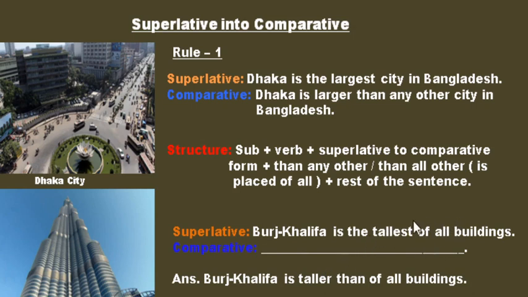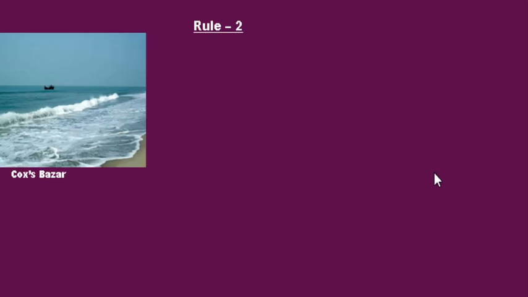Here you have to think about your context, of all, so you have to use than of all. Burj Khalifa is taller than of all buildings, than any other or than all other. In our sentence structure, I have used of all, than of all buildings.